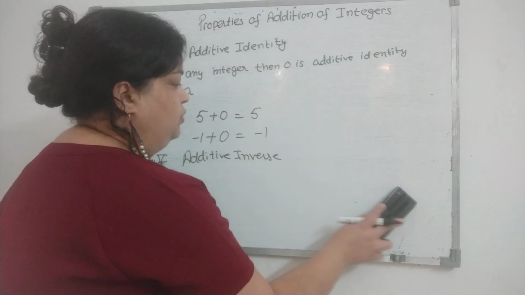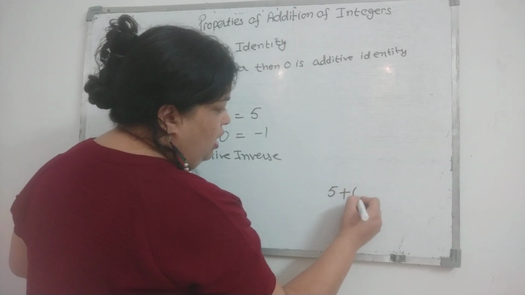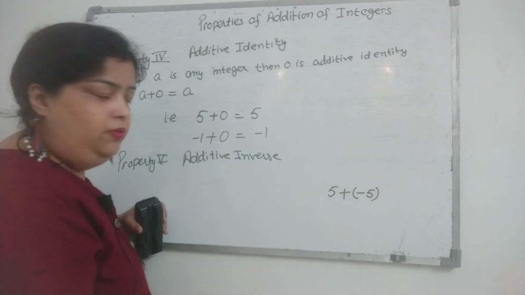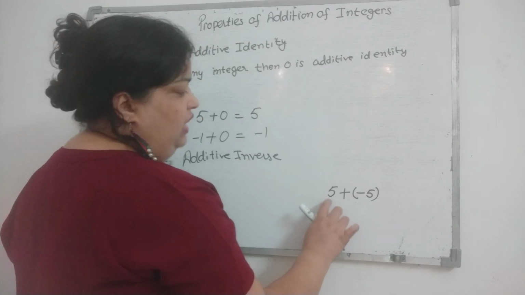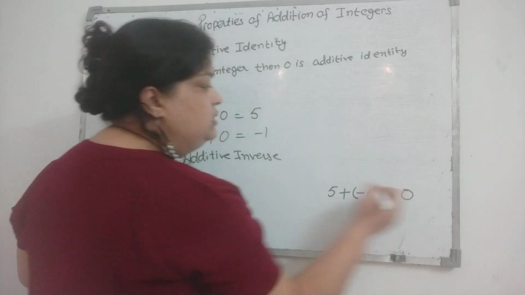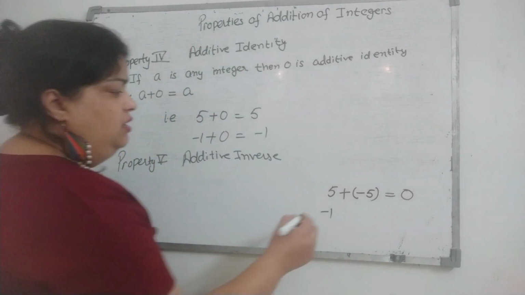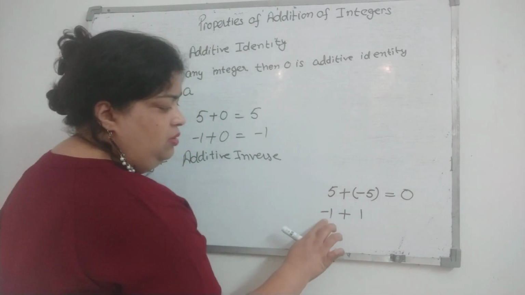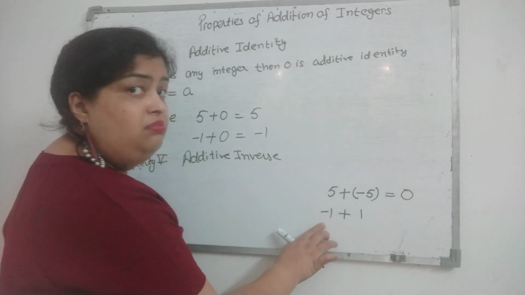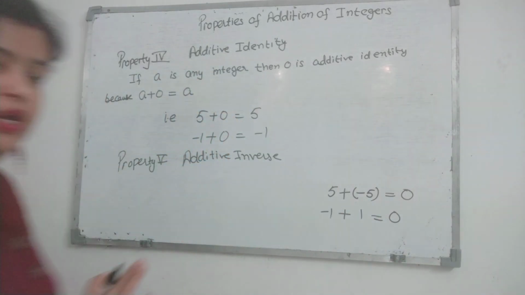Here I am taking one positive number and the negative of that number. If I take minus 1 and 1, the answer is 0 here.